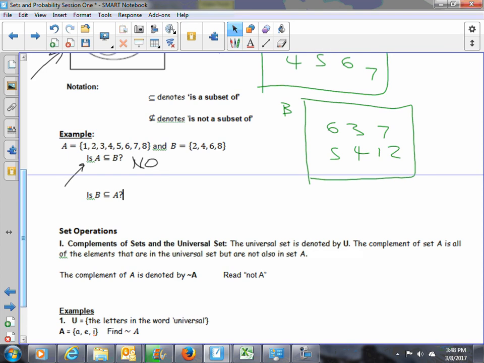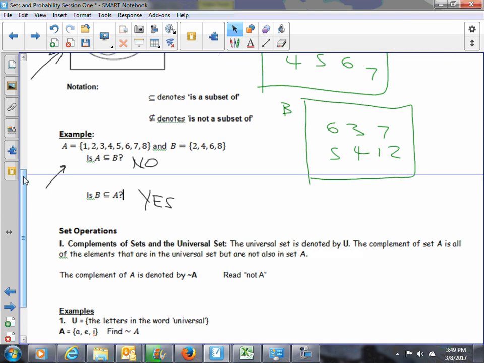Now, is B a subset of A? Well, yes, 2 is in A, 4 is in A, 6 is in A, and 8 is in A. So everything that's in B is in A, so yes, B is a subset of A.